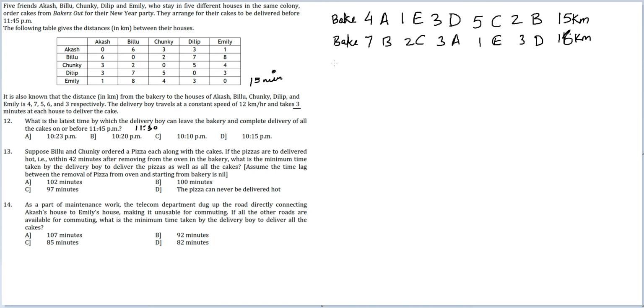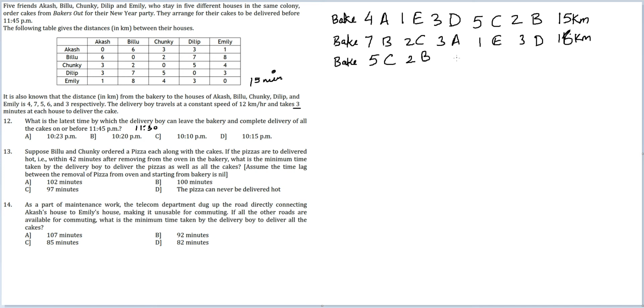Okay, let's go to the third path, from bakery to Chunky's house, and it is 5 kilometers there. Chunky to Billu makes sense, 2. Now from Billu to Dilip or Emily's house or Akash's house.